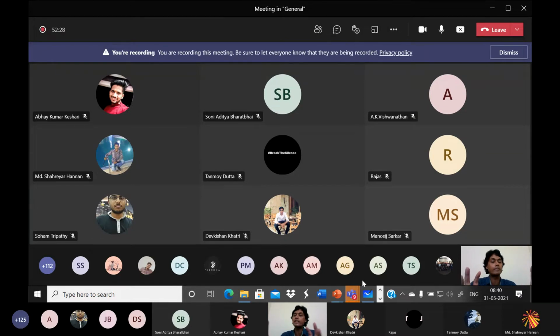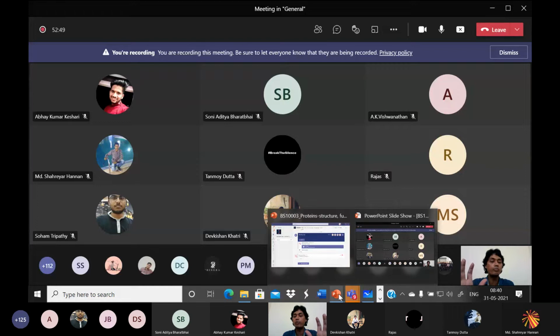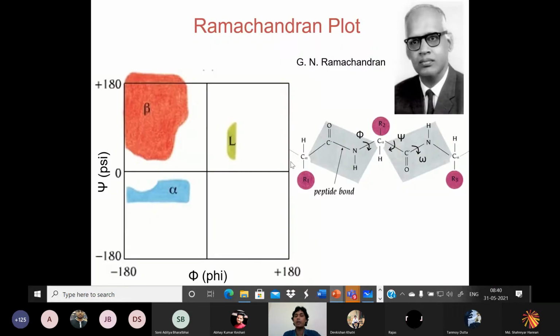He was actually an experimentalist. He was synthesizing small peptides and carrying out experiments. Based on that, he decided what kind of side chain or structure would permit how much of these phi and psi angles. Based on that, he made a plot that is called the Ramachandran plot.